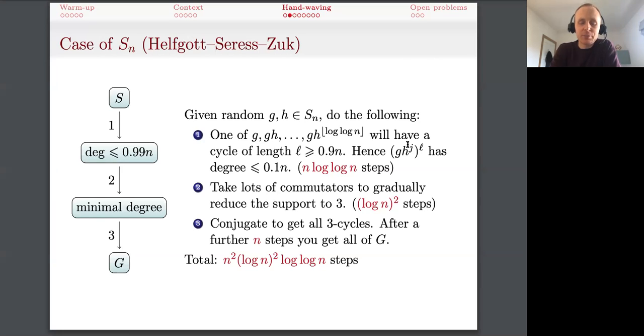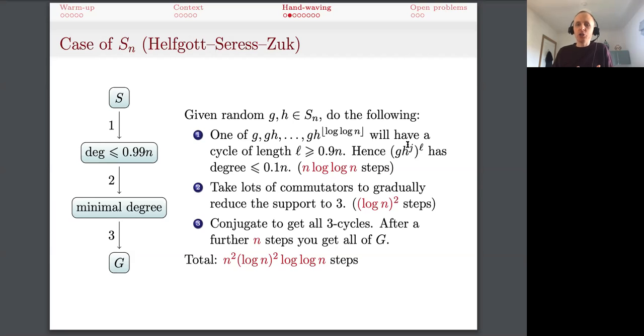So step 2 consists of: you have an element of degree less than n over 10, and we're trying to reduce the size of the support now. And what you can do is conjugate that element by your generators. So you end up moving the support around a lot.